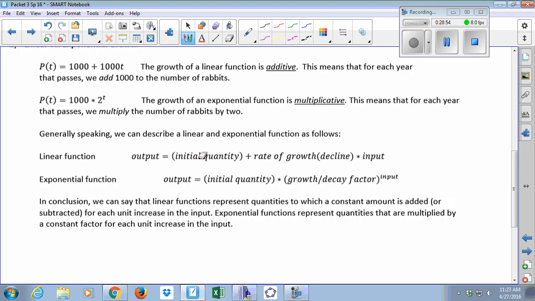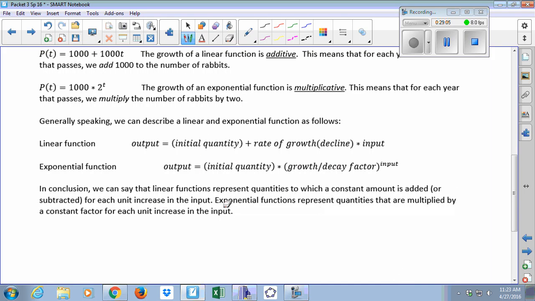So in general, this is how we would write a linear function, and this is how we would write an exponential function. So this is an important idea here. I would ask that you highlight it right here. You'll see this in project 4 when you get it.